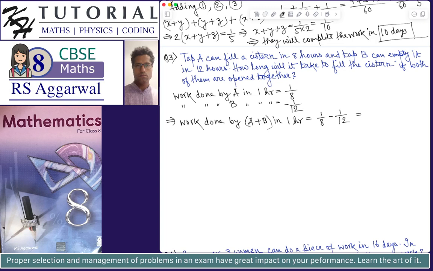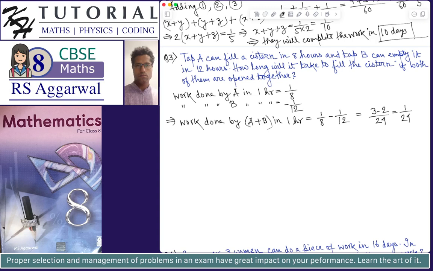This is equal to (3 minus 2) by 24, which is equal to 1 by 24. So when both the taps A and B are opened, in 1 hour the amount of work done by them is 1 by 24, which is positive. So this means that in 1 hour, 1 by 24 part of the tank is being filled up.